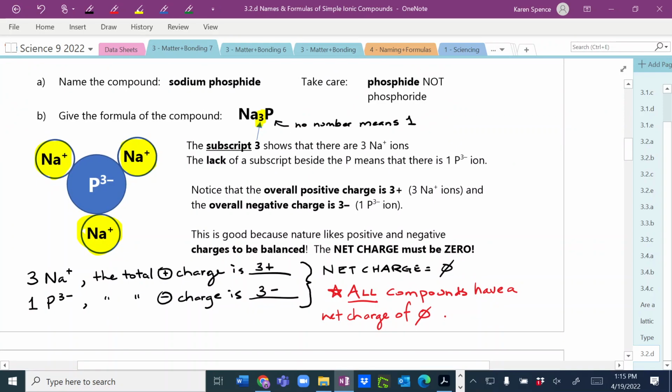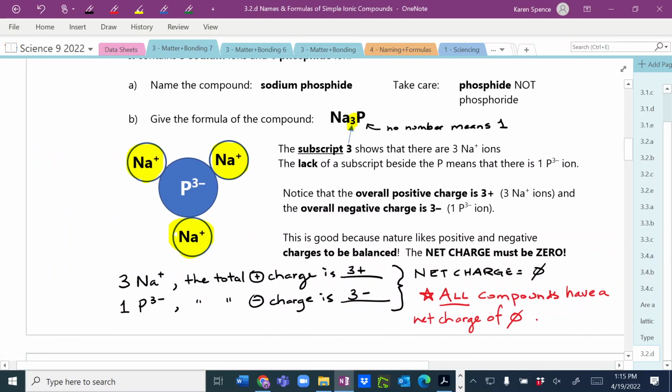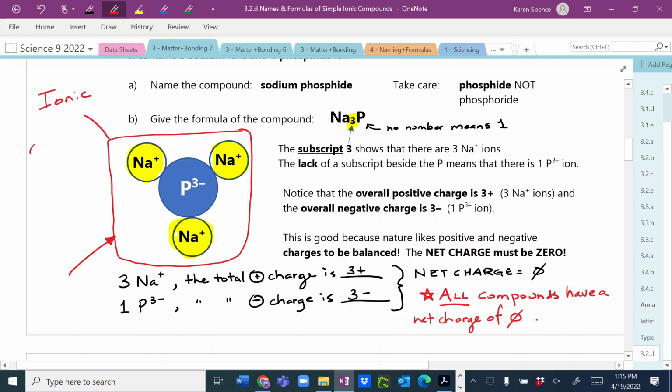What do we call this entire structure? It's an ionic compound, because it's made of a metal and a non-metal. Sodium is a metal. Phosphide is a non-metal.